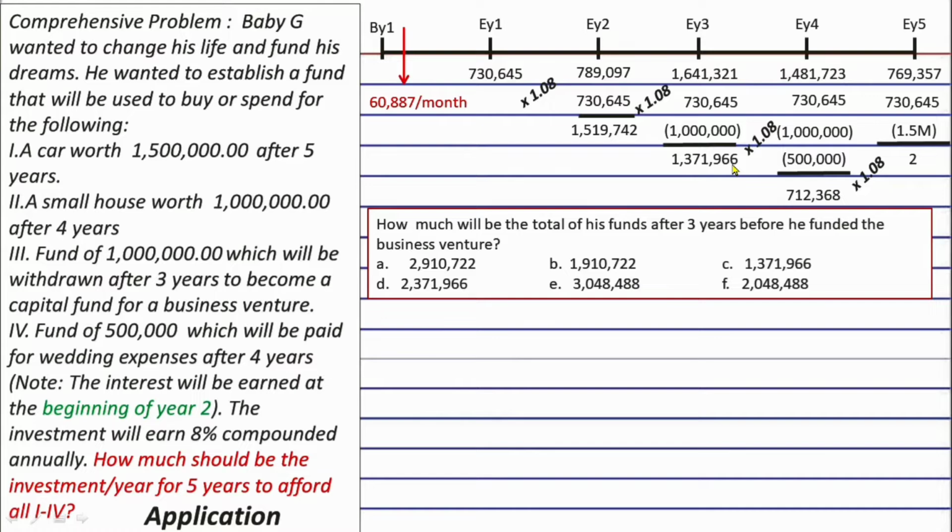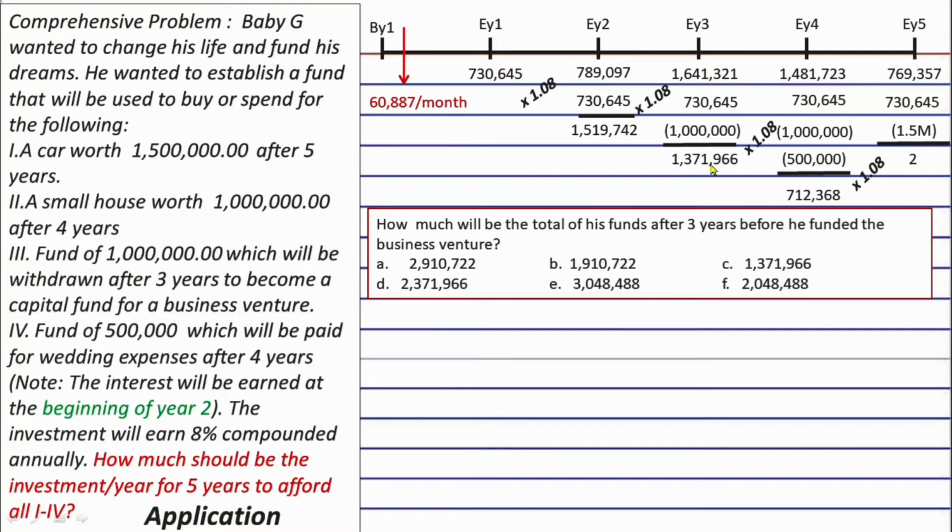However, again, this is not the answer that we are looking for because this balance has already been deducted by 1 million by Baby G to fund the business venture. And the question wants the balance before the deduction, right? So this is not the answer.